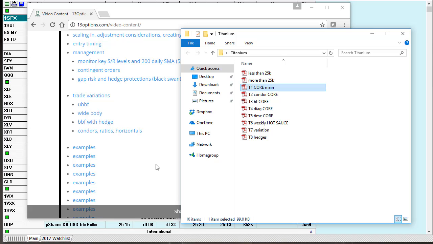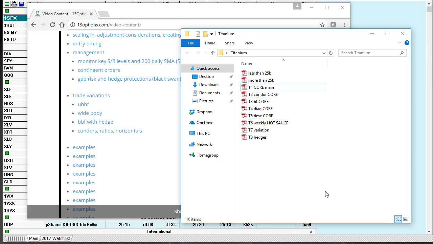And I hope it gives you a very clear picture and a very clear path on how you can incorporate each one of these various PDFs to start placing trades.